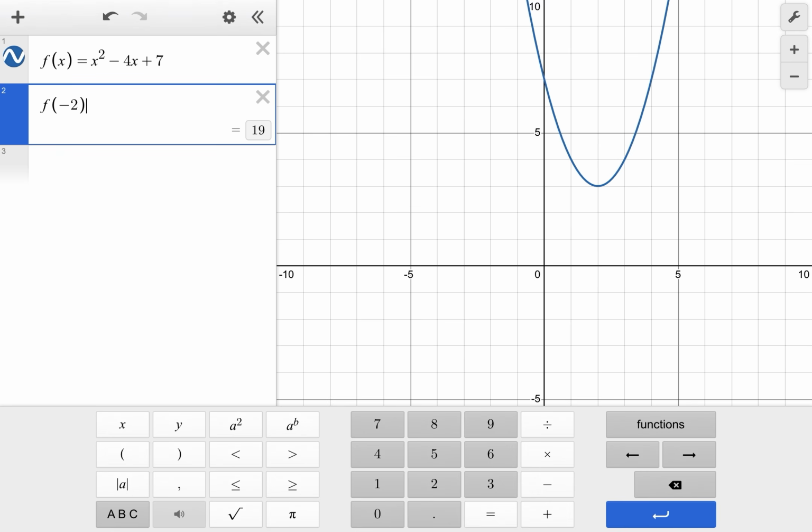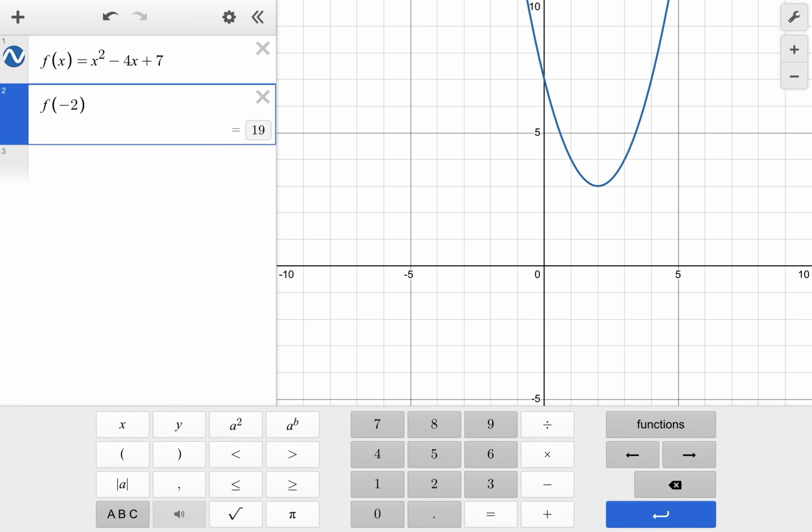You should use Desmos when your input is negative, it's a fraction, or it's inside a longer expression. In this case it's -2, and this would be one case where you would use Desmos. Sometimes they ask for combined outputs, I'll get to that later in this video, and there are composite functions. Those are some of the use cases.